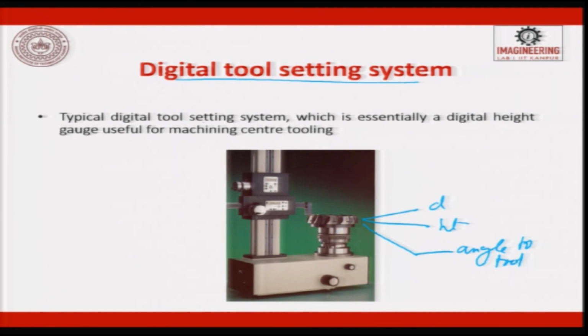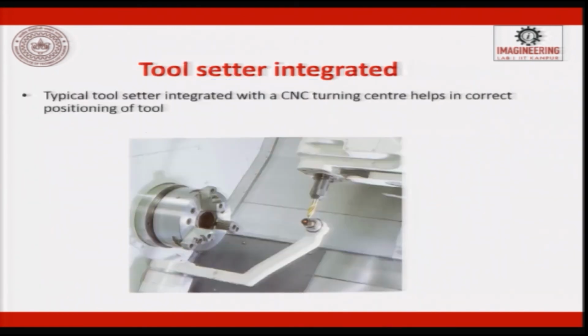A typical digital tool setting system is essentially a digital height gauge, useful for machining center tooling arrangements or tool angle maintenance. Today we also have a tool setter integrated into CNC machines. So, you have a knob which is attached, this is a tool and this is an arm which is attached, and here is a tool setting device which gives you the measurements.